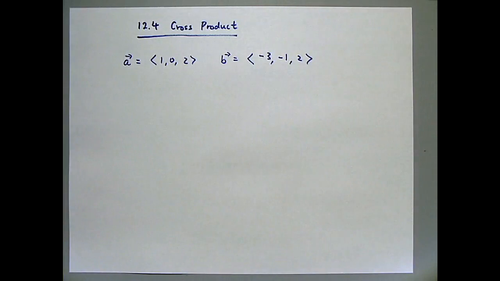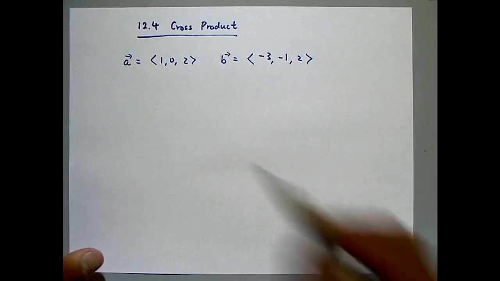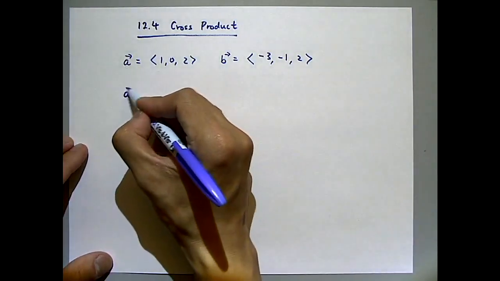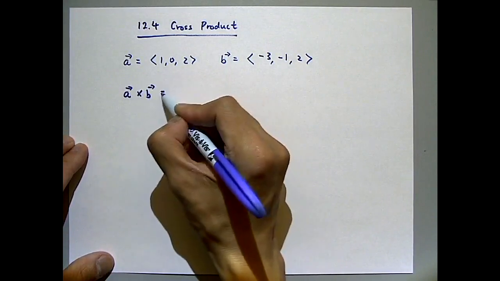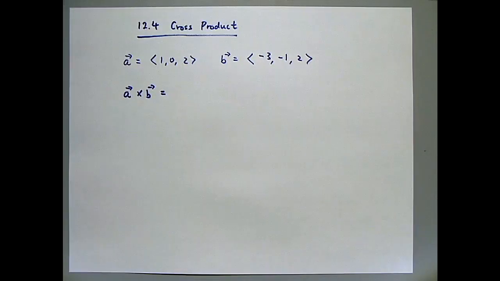Suppose we got two vectors. A is equal to (1, 0, 2). B is (-3, -1, 2). And we want to know what A cross B is. Okay, who remembers how to do this?